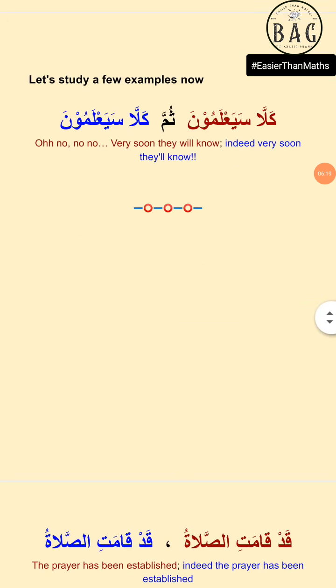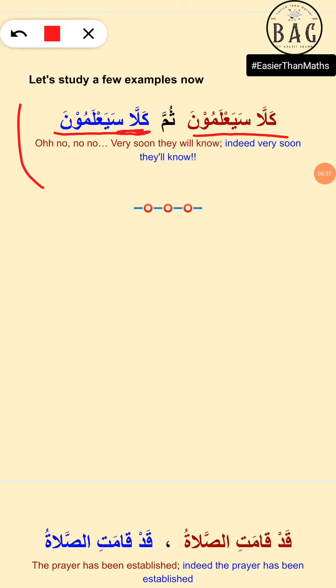Now it's example time. So first of all, we have this example, kalla saya'lamuna, summa kalla saya'lamuna. Now here the entire phrase, actually it's a sentence, has been repeated. Okay, so it's a very stressful thing that cannot be captured in words.